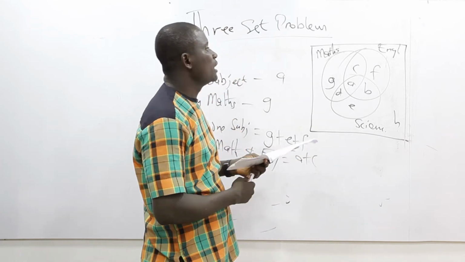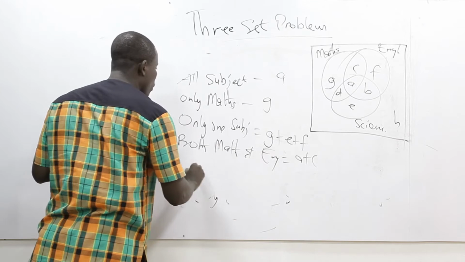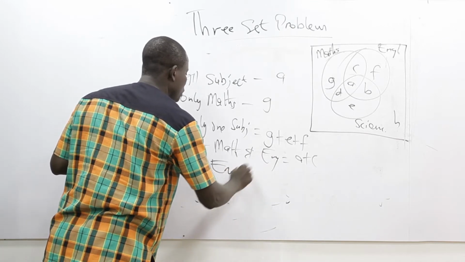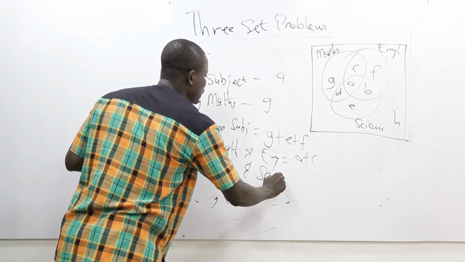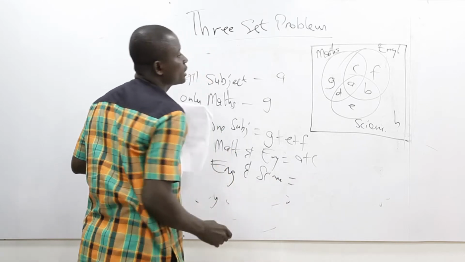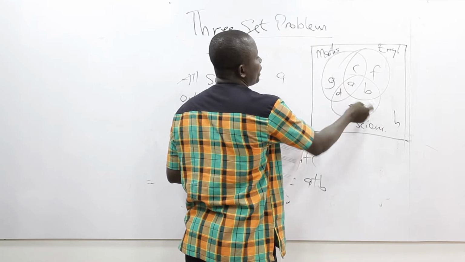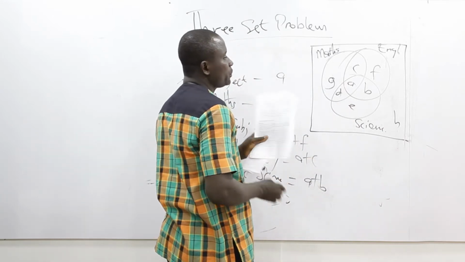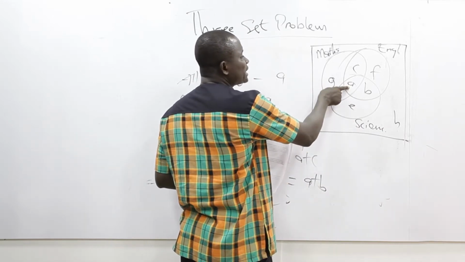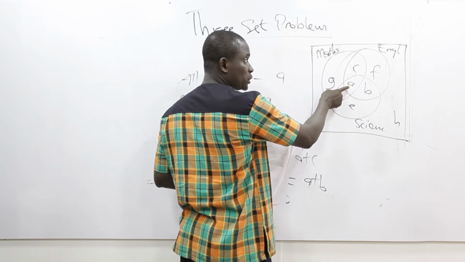But if I say both English and science, it's going to be A plus B. Both English and science is A plus B. You can see that in all cases the A is involved. That's what you have to take note of.